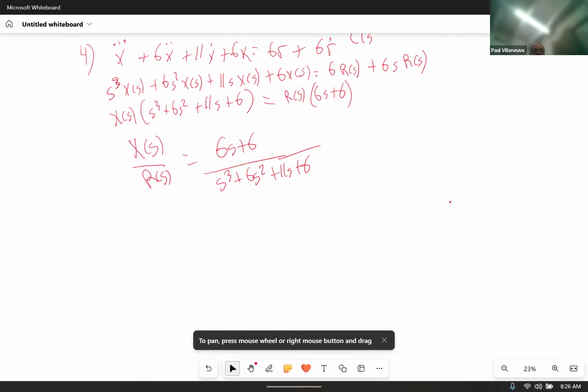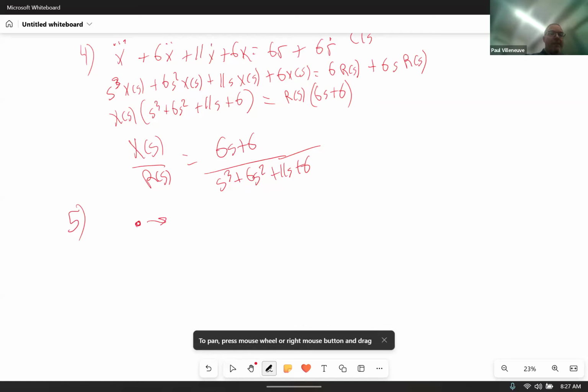So that's pretty good. Number 5 might have been the most difficult, except if you remember what we talked about in class. I said, draw your free body diagrams. Your dampers, springs, inertias, all those things are going to oppose the applied force. So I draw my free body diagram.